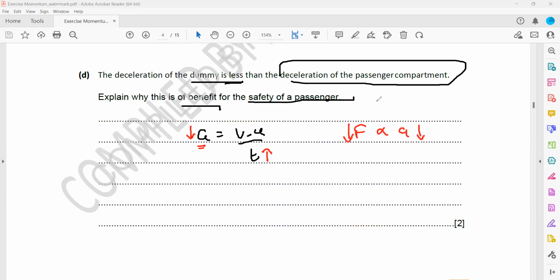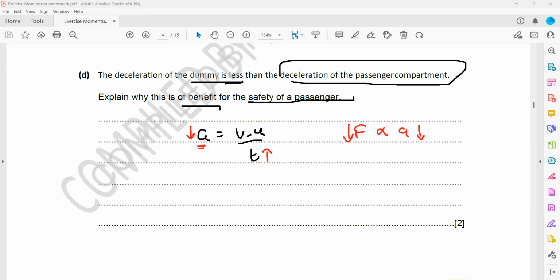And if a small force is exerted on the person or a passenger, this will reduce the chance of serious injury. Otherwise, if the object stops instantly, it will take a short time and experience maximum acceleration or a resultant force, which leads to a fatal injury.